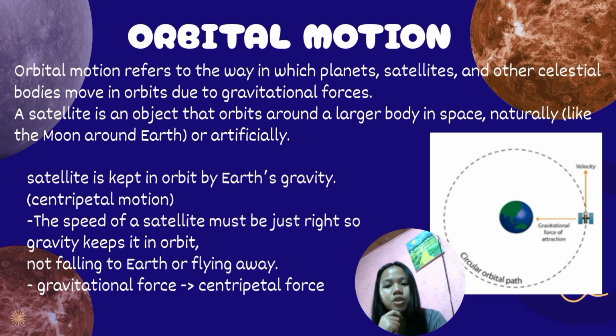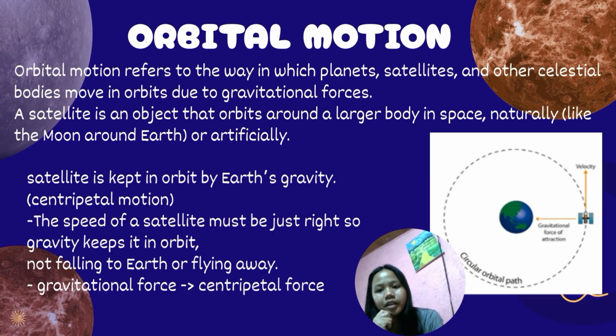By this analogy, we can say that the centripetal force in its orbit around the planet or other celestial bodies is due to the gravitational force. So, by that, we can use that expression to derive the formula of orbital velocity.